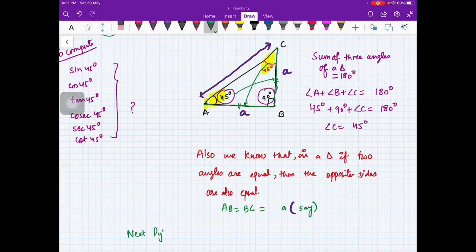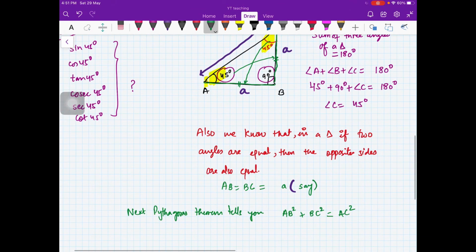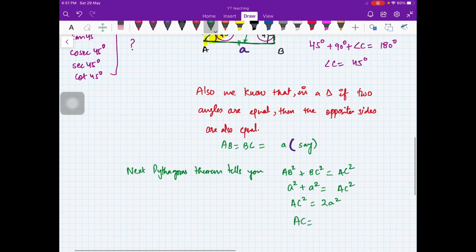Next, Pythagoras theorem tells you that AB square plus BC square is equal to AC square. Now AB square is A square, BC square is A square, is equal to AC square. So AC square is equal to 2A square. So you get AC is equal to square root of 2A square.